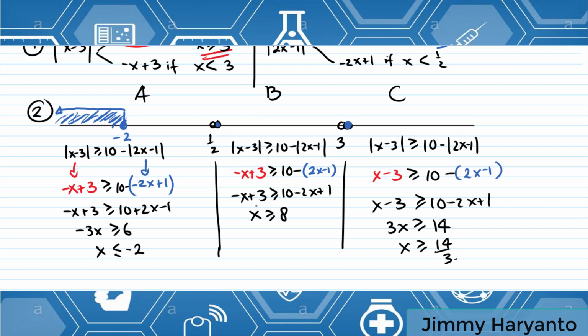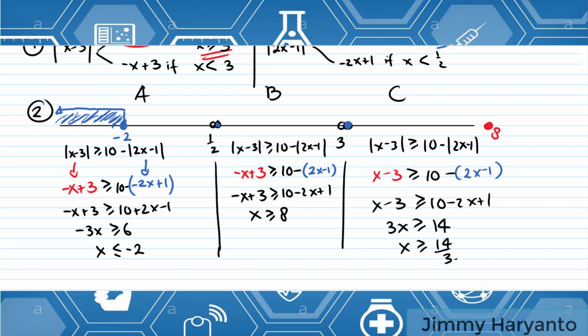And then for room B is x greater than 8. Where is 8? Oh, 8 is right here. So I have to draw greater than, go to the right side. But because we are in room B, we cannot draw anything in room C. So this one you have to erase it.